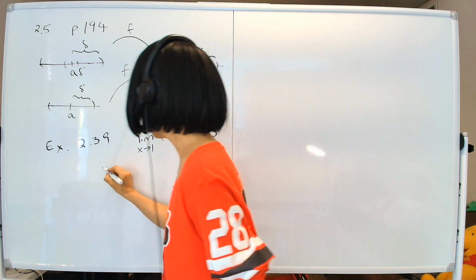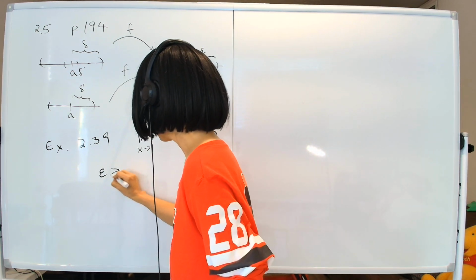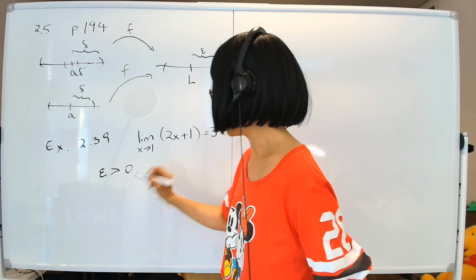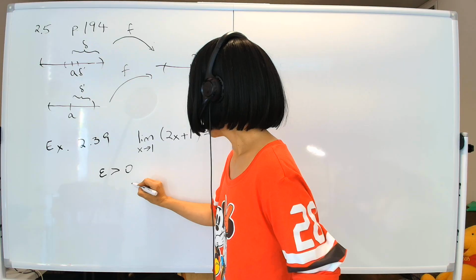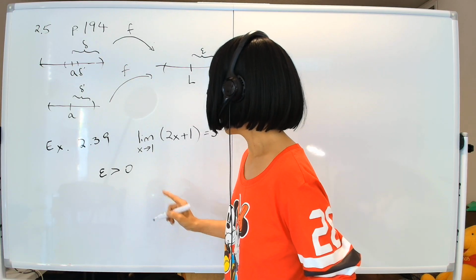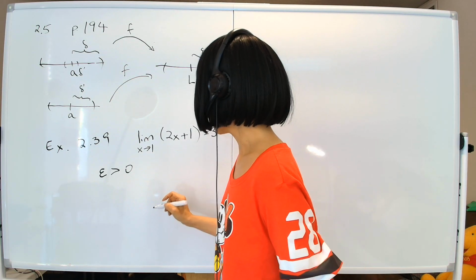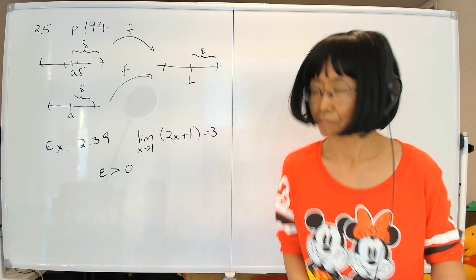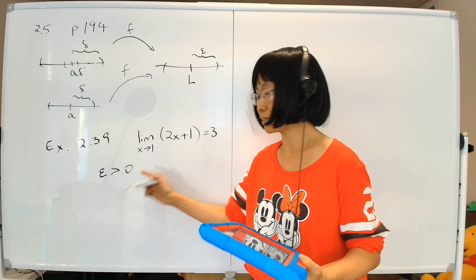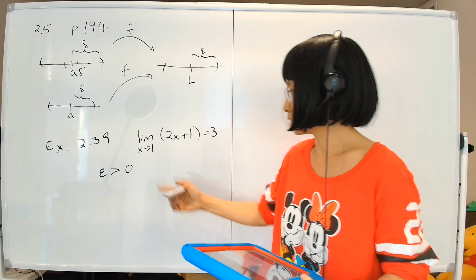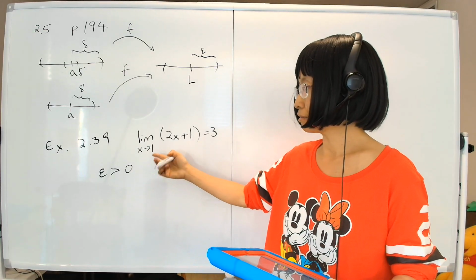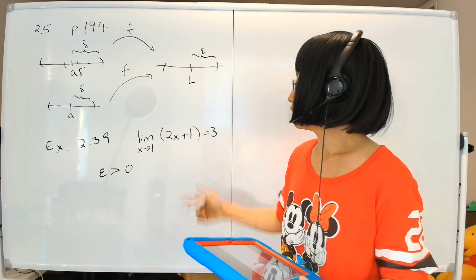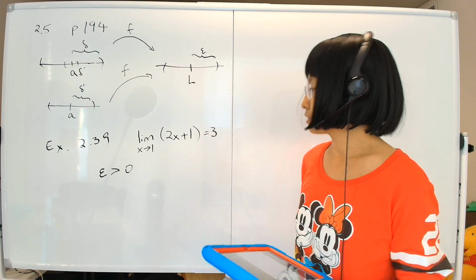So you're given epsilon bigger than 0. We need to find a delta such that if x is within delta of 1, then this thing is within epsilon of 3.